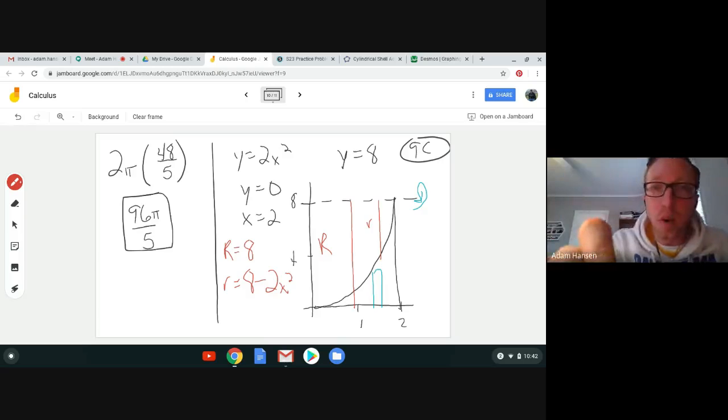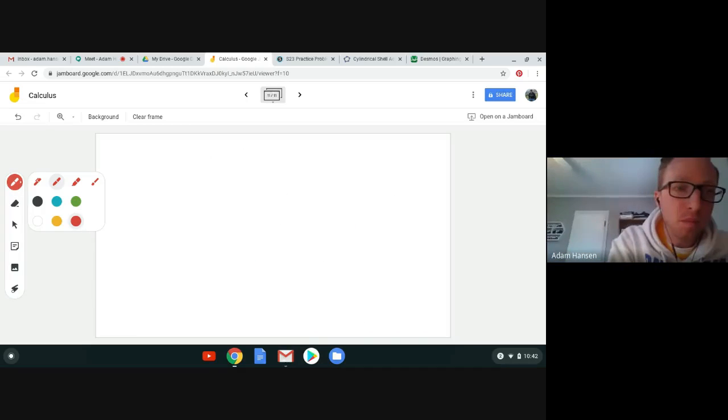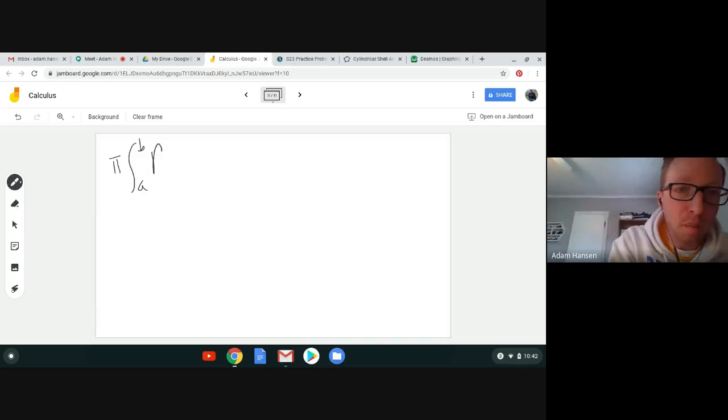All right, so the washer method is going to be pi times the definite integral from a to b of big radius squared minus little radius squared dx.